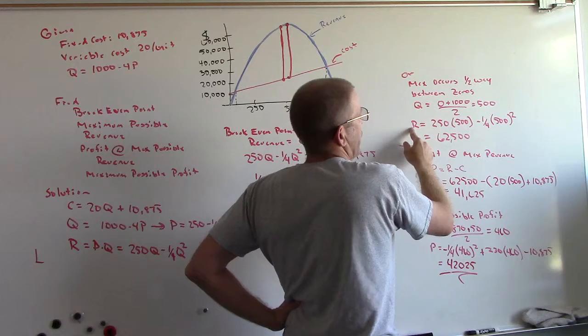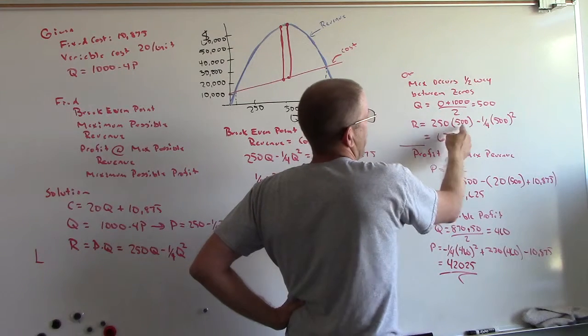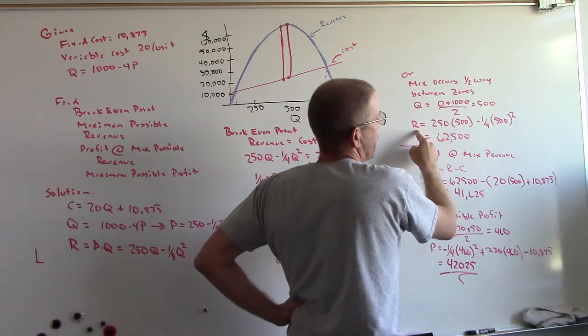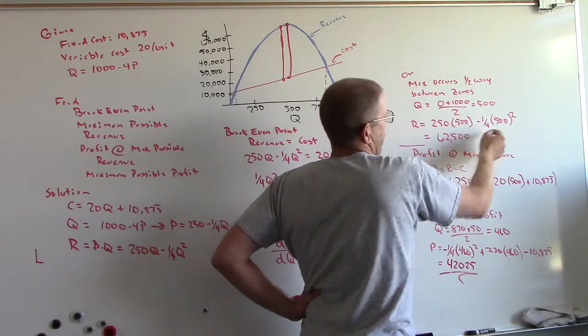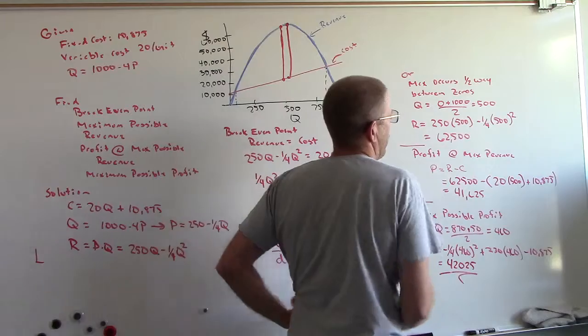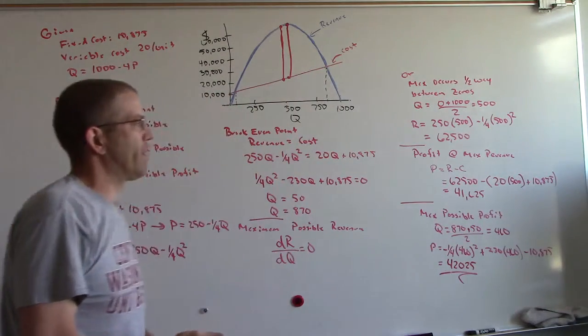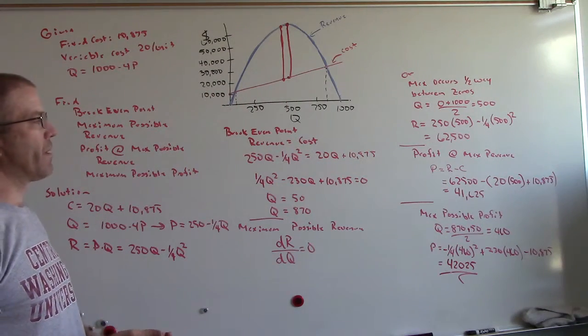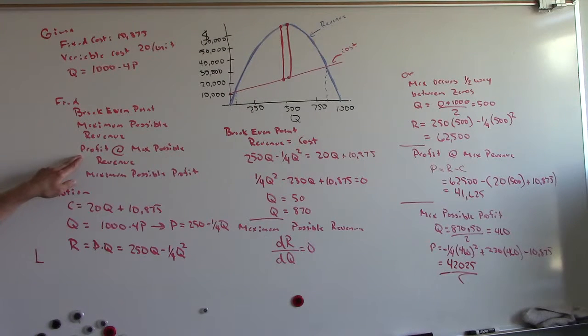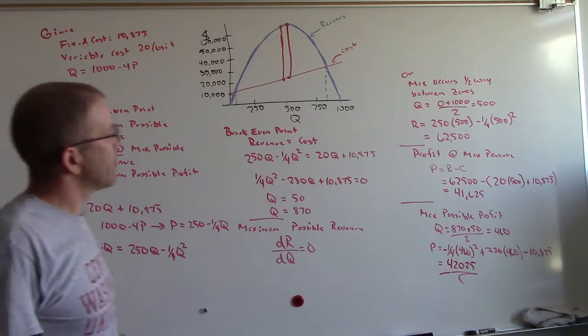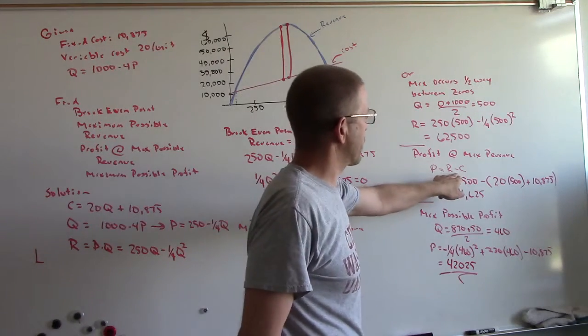To determine the revenue then, we simply plug in 500 units into our revenue equation. 250 times 500 minus 1/4 of 500 squared, and we get the maximum revenue of $62,500. Next part of the problem is to find the profit at maximum possible revenue, and we know that the profit is equal to the revenue minus costs.